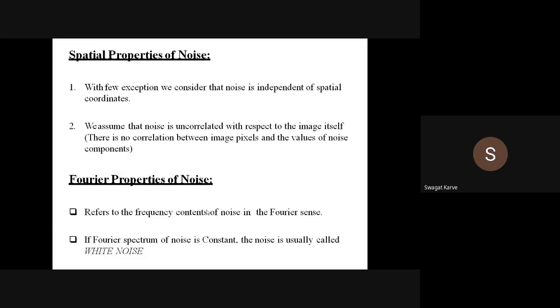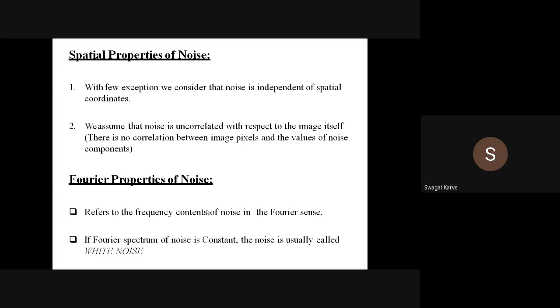Next, we are going to talk about noises. Now we have some special properties of noise, and Fourier properties of noise. With a few exceptions, we consider that noise is independent of spatial coordinates, though there are some exceptions to this rule.